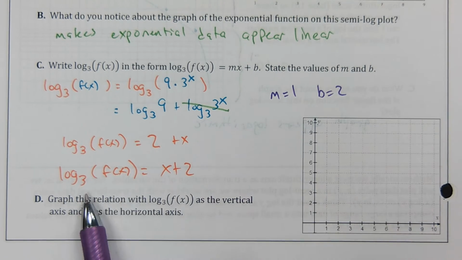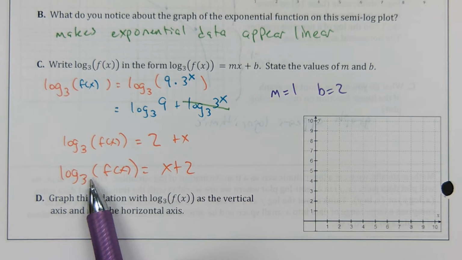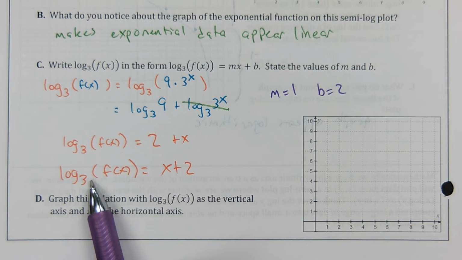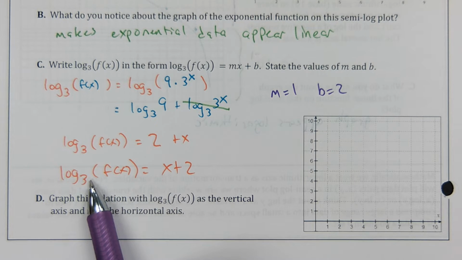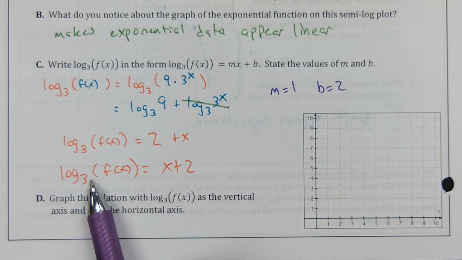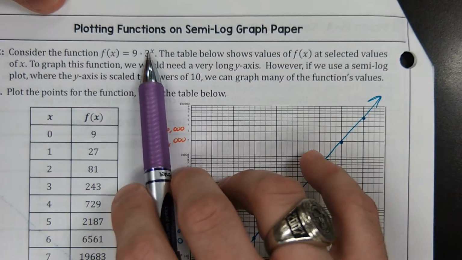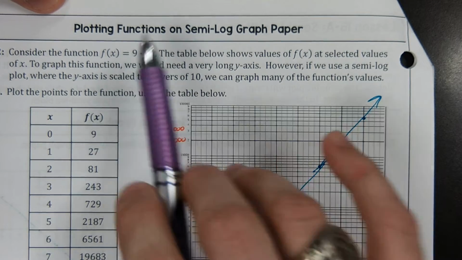But that means my y values are increasing by 1. So log base 3 of f of x is 1. Meaning I'm tripling every time. So every time I go up by 1 on my y, I've tripled my value. Which should make perfect sense because every time this exponent increases by 1, you multiply by 3 again.